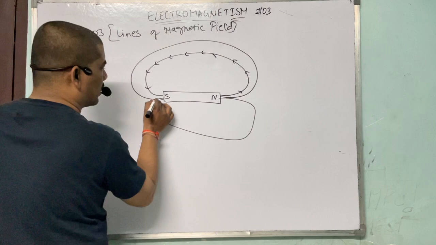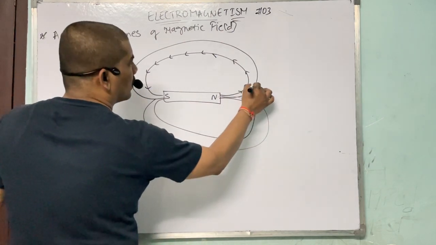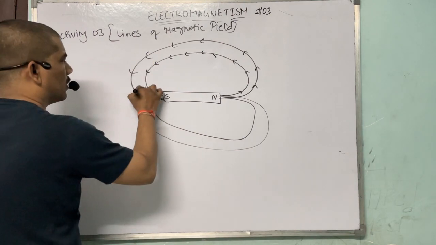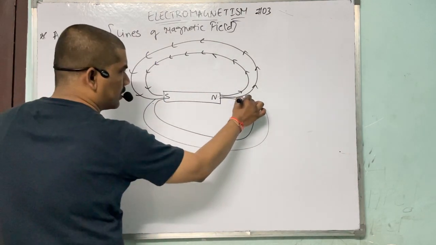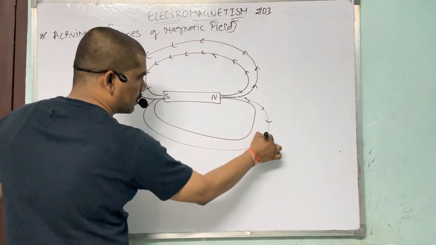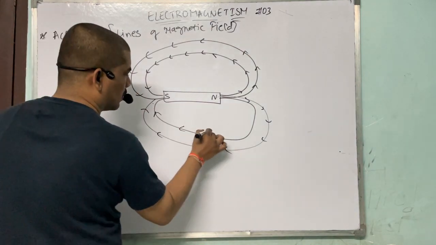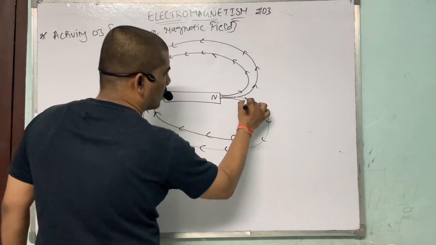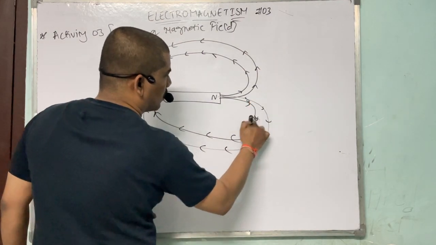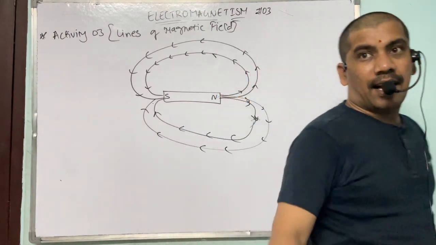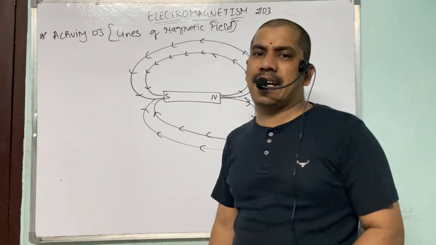Something like this we have drawn, roughly. So this region is nothing but the magnetic field, and these curves are called magnetic lines.